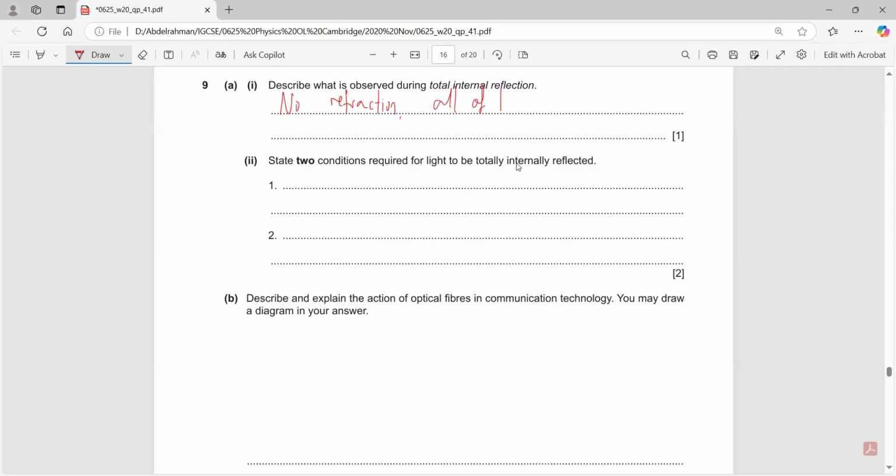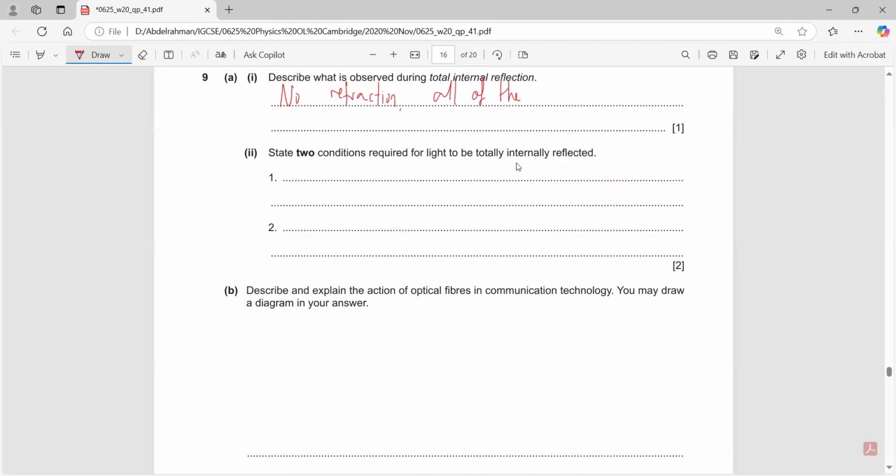All of the light is reflected back inside the medium.